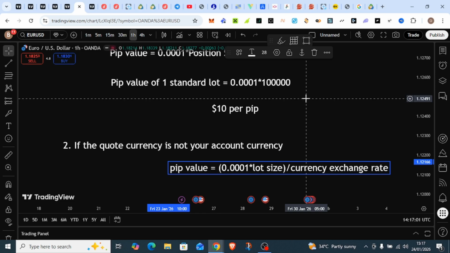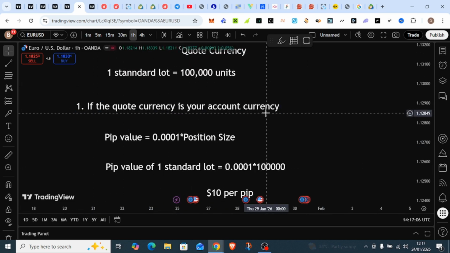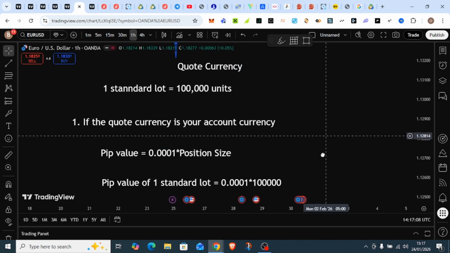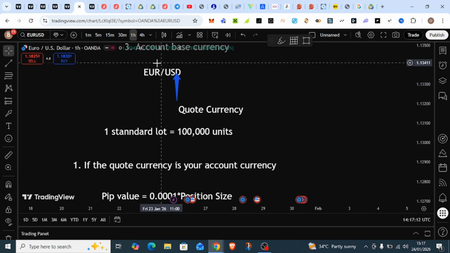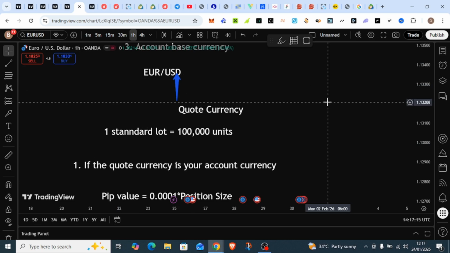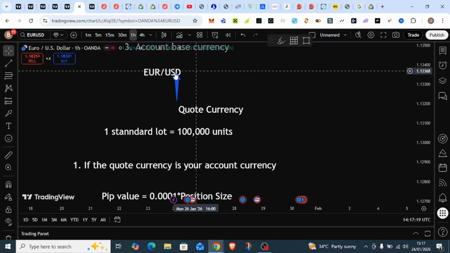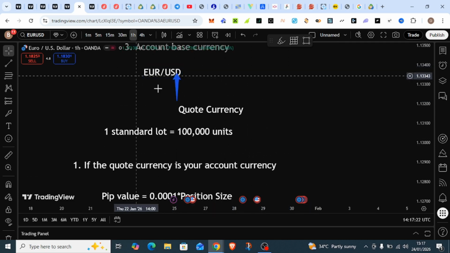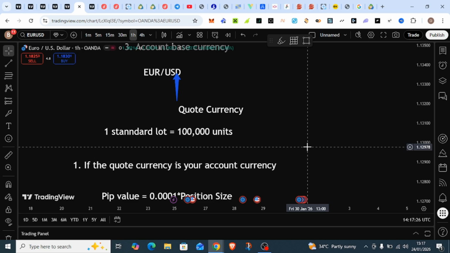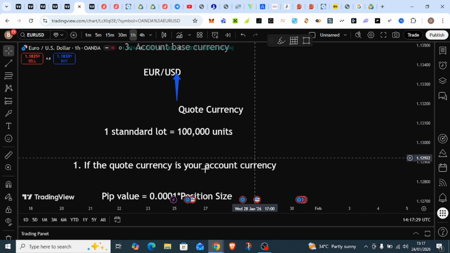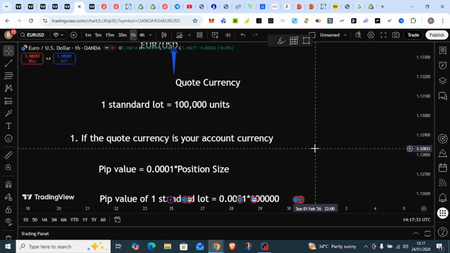But for the first one, the first condition, if the quote currency is your account currency, like in the case of Euro USD, if you have USD in your account as what you have in your trading balance is in USD, and you are trading this, and you want to calculate the Pip value, you just use this formula because the account currency is the same thing as the quote currency.